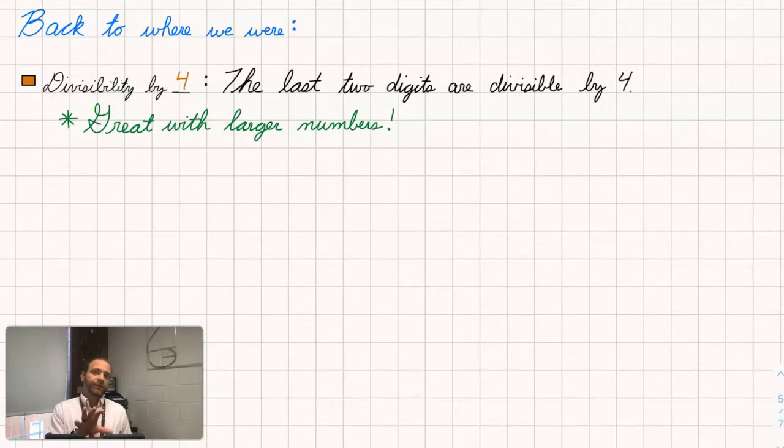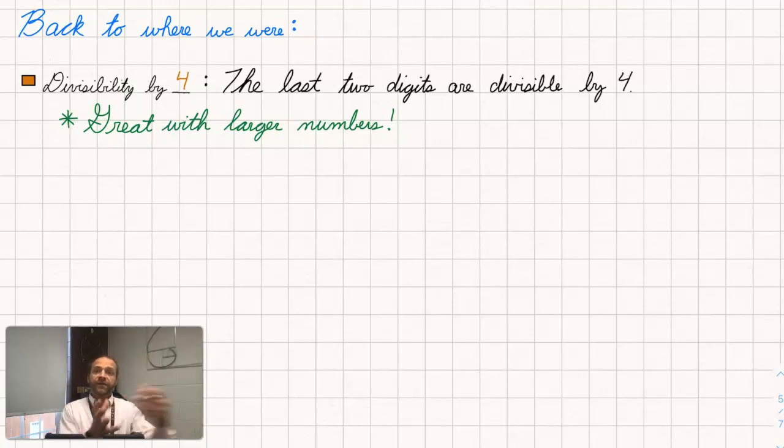And the reason why this works is if you have the number 100, and I'm going to think of 100 as $1. I know 4 quarters, 4 times 25, is 100. 4 quarters is $1. So I know 100 is divisible by 4, which means 200 is divisible by 4, which means 300 is divisible by 4. And if I go up to 1,000, well, 1,000 is really going to be 10 100s.